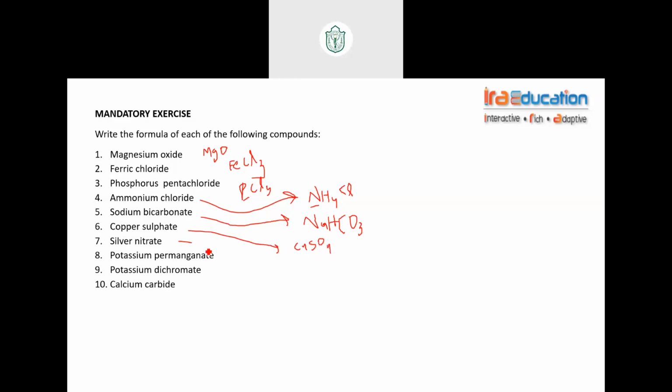Silver nitrate, AgNO3. Potassium permanganate, KMnO4. Correct. Sodium bicarbonate is NaHCO3. Potassium dichromate, K2Cr2O7. Correct.